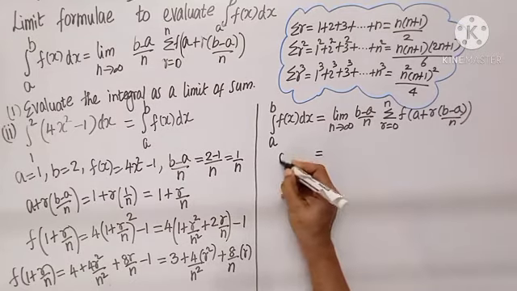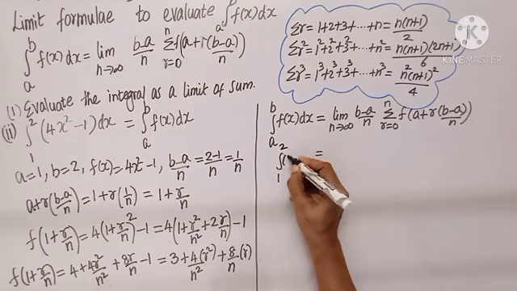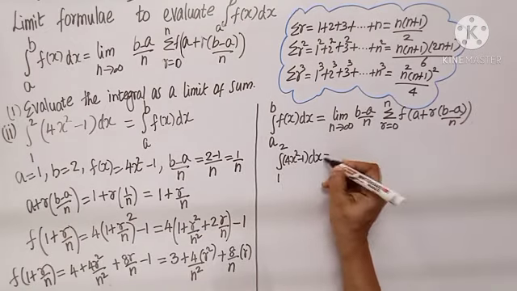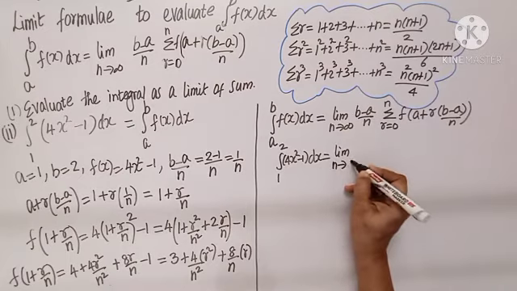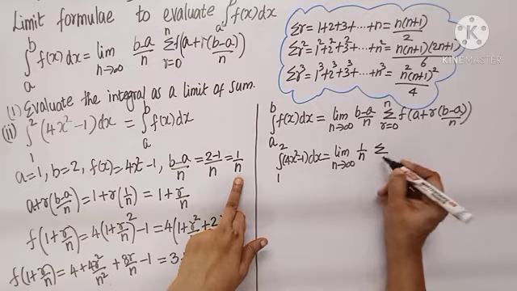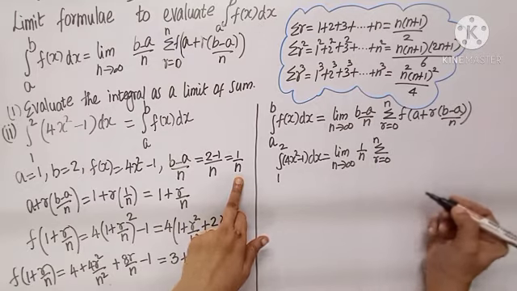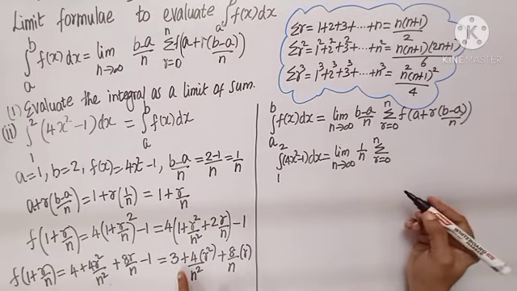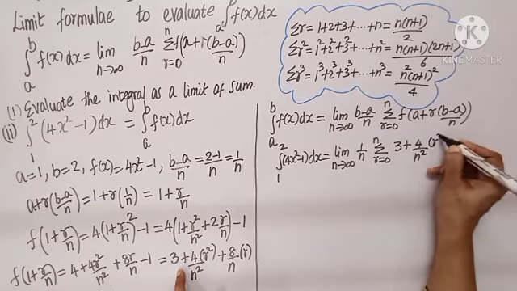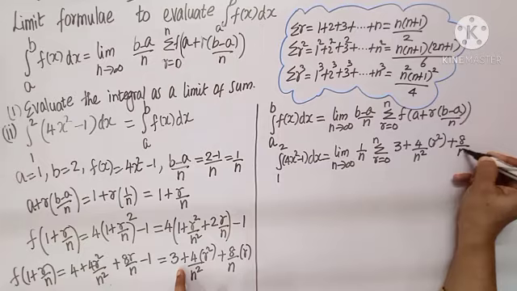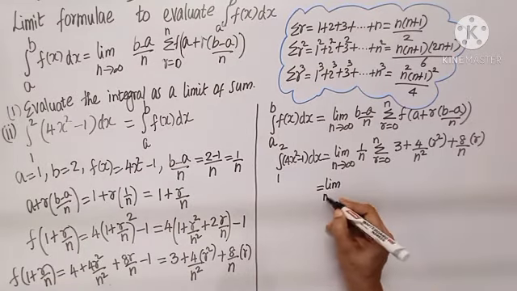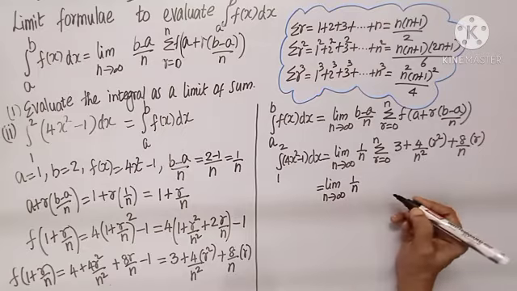In this question, we have integral 1 to 2 of 4x squared minus 1 dx equals limit n tends to infinity, b minus a by n is 1 by n, sigma r ranges from 0 to n, f of the answer that I got: 3 plus 4 by n squared r squared plus 8 by n into r.